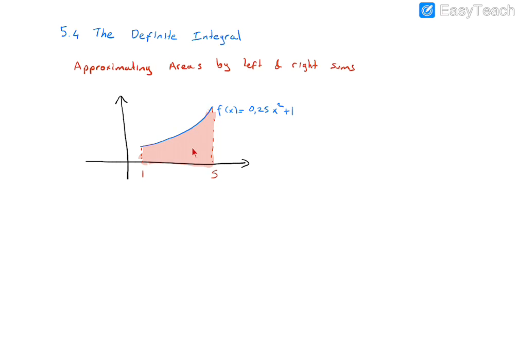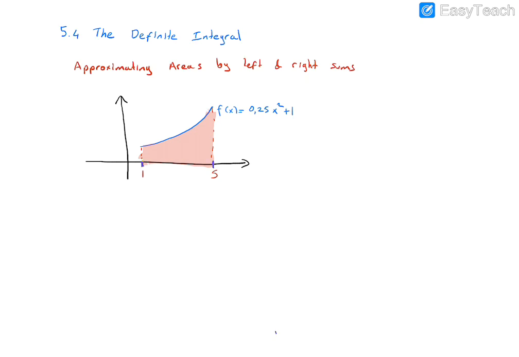Our first area approximation is made by dividing the interval from 1 to 5 on the x-axis into equal parts, each with the same length. This is 1, this is 5.